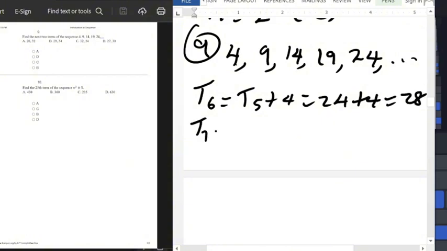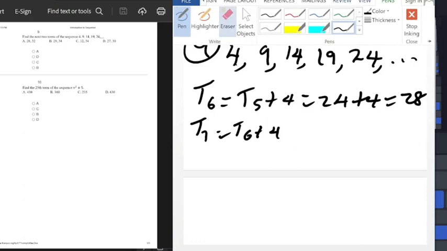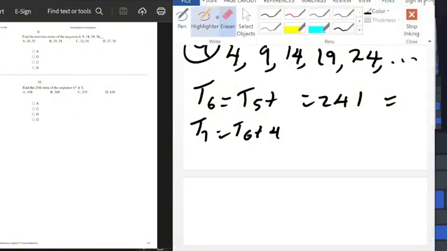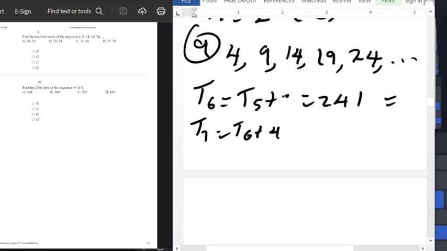Then T7 equals T6 plus 5. Correcting that, the fifth term is 24, so T6 is T5 plus 5, which is 24 plus 5, that is 29.